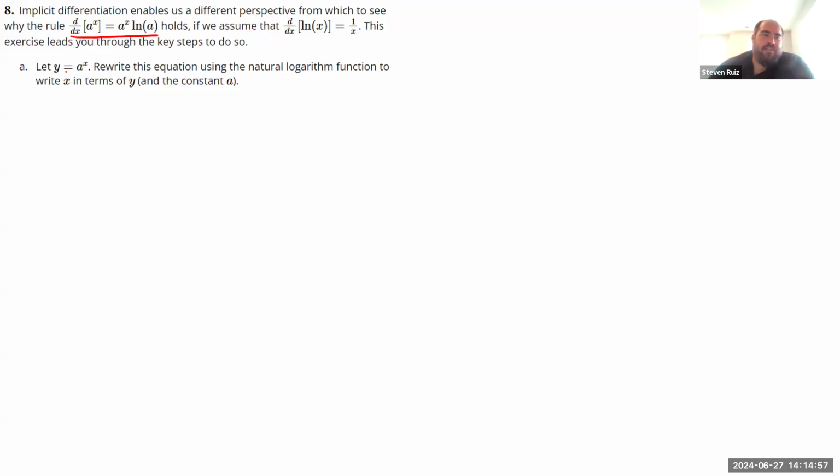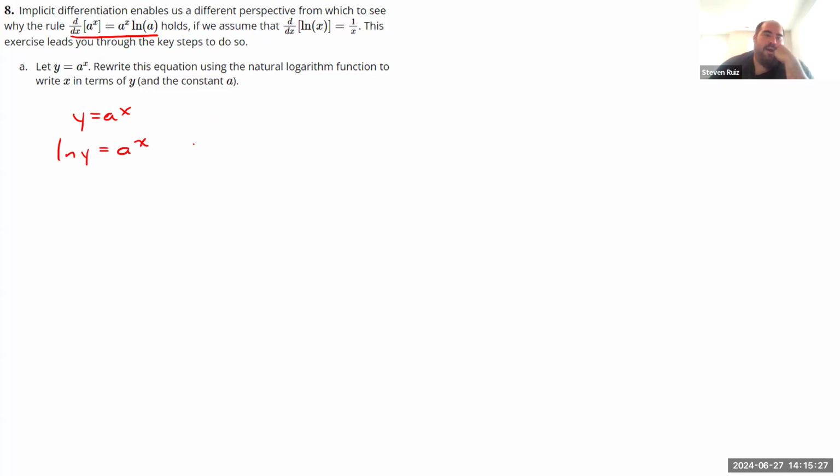So the first thing we're asked to do is take our generic exponential function y equals a to the x and rearrange it, using the natural logarithm. Taking the natural log of both sides is a way we can get there.